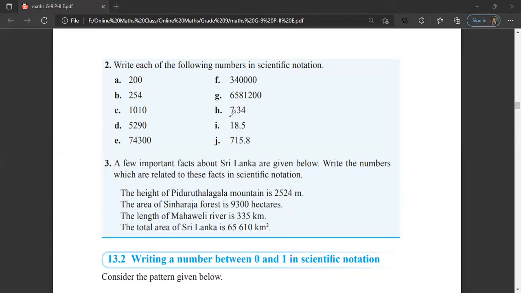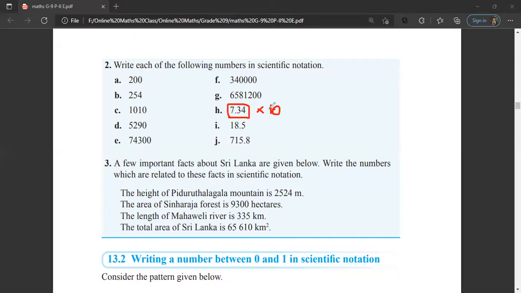7.34 into 10 to the power? Which number? Is there any change needed? No, nothing to change.